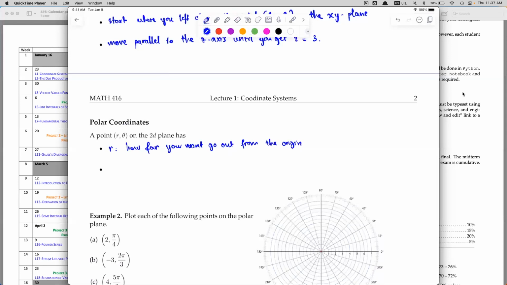And when you talk about theta, you want to know how much you want to rotate from the positive axis. So r, again, is how far you want to go.